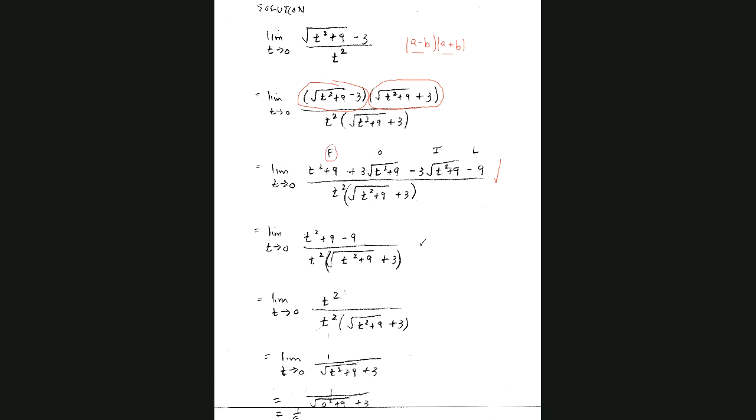Well, FOIL first stands for multiply the first two terms. The square root of t squared plus 9 times the square root of t squared plus 9 is t squared plus 9. And then O is for outer. If you multiply the 3 times the square root of t squared plus 9, those are the two outer terms, you get 3 times the square root of t squared plus 9.